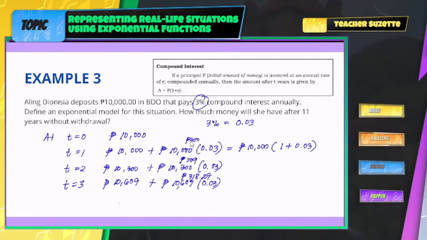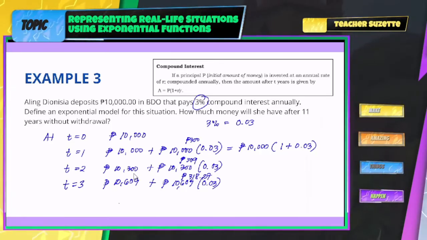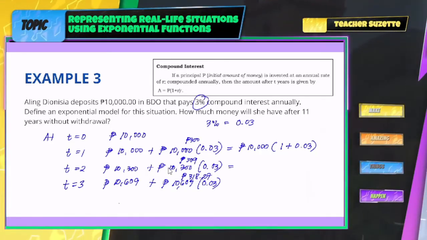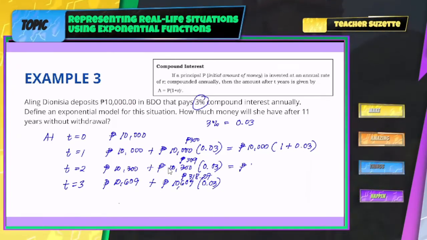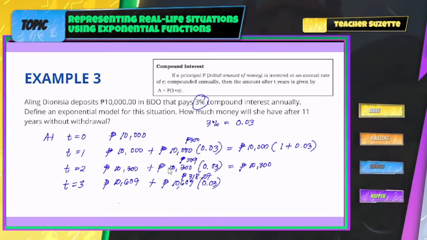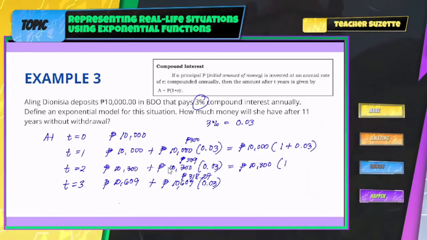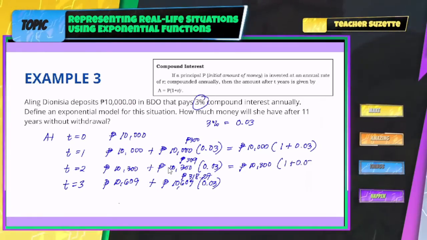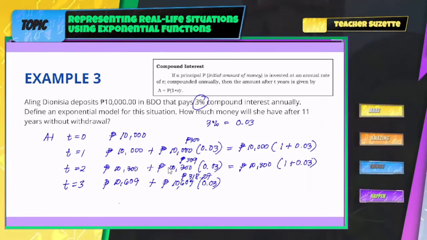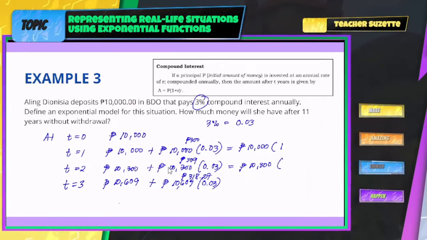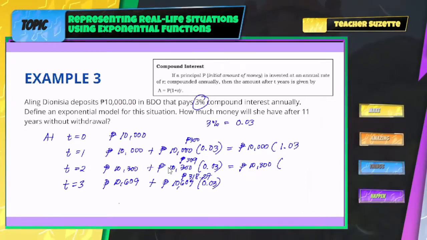Ayan. Next naman dito, sa ating second, ganun din, pwede natin i-factor out yung ating 10,300 pesos. Then, you will have 1 plus 0.03. Then, pwede actually pa natin itong i-simplify na lang as 1.03.